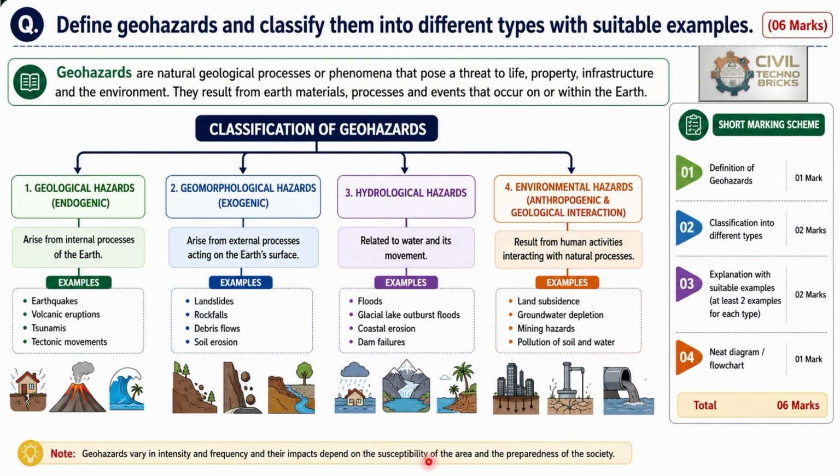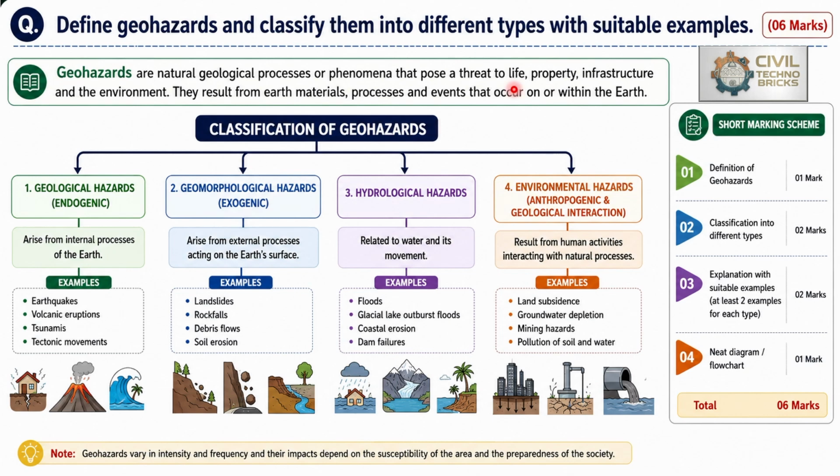Susceptibility of the area means the activity where we have to construct, and we have to be aware of all these geomorphological characteristics, geological characteristics, hydrological characteristics, environmental conditions of surface, subsurface, soil, rock, everything.